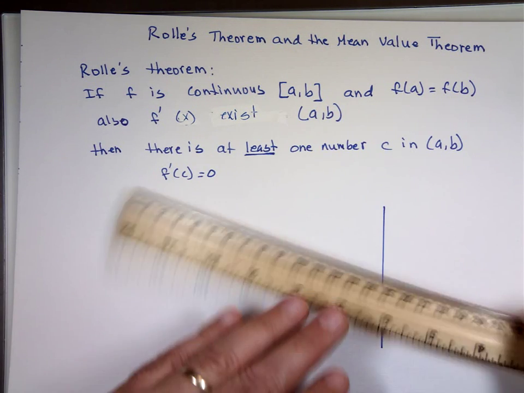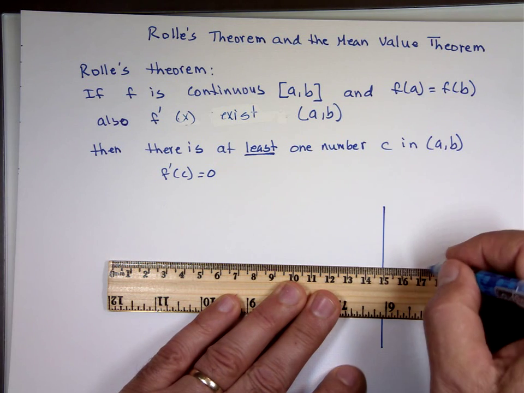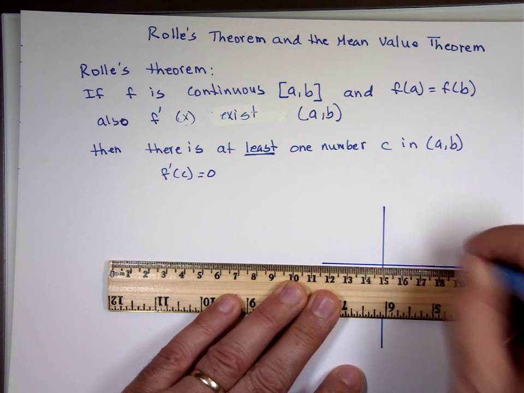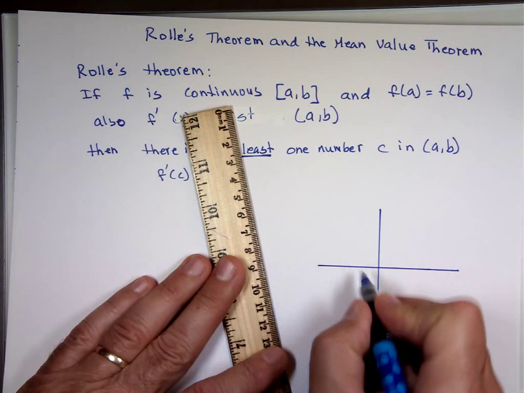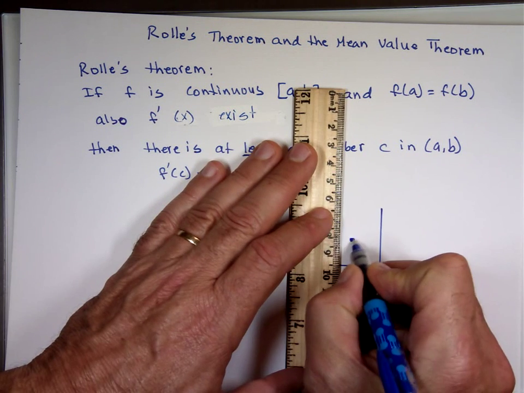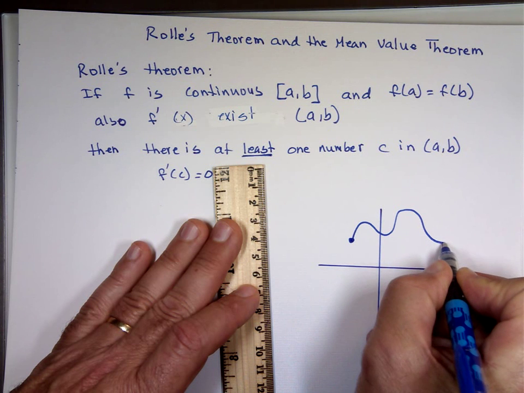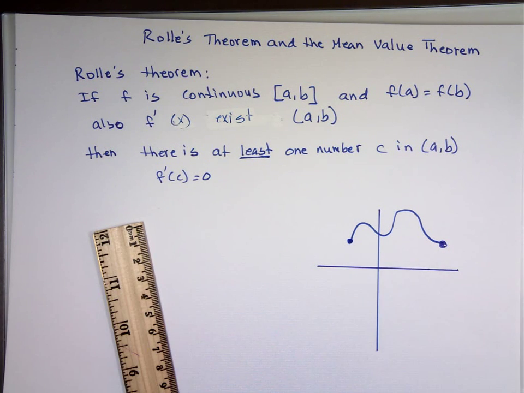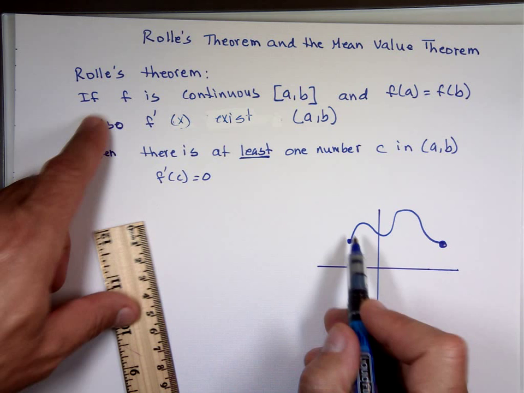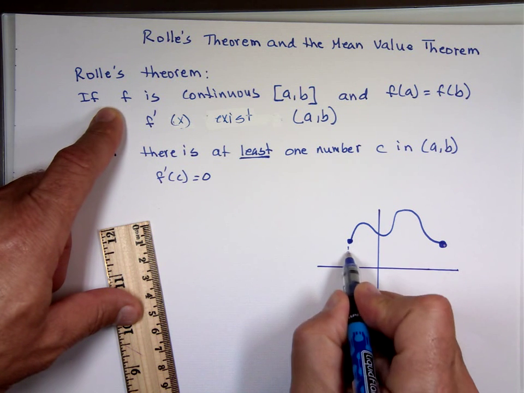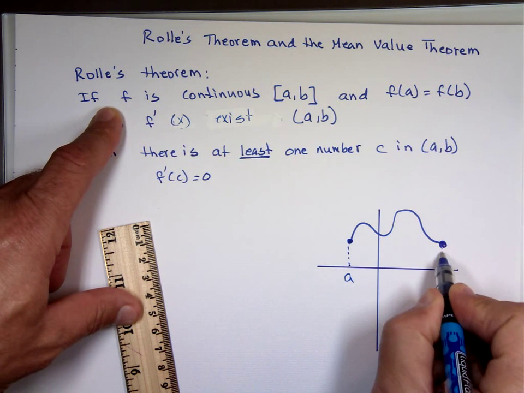One of them, the function has to be continuous from A to B. So this is a continuous function. That fits the criteria. F is continuous from this A value to this B value.